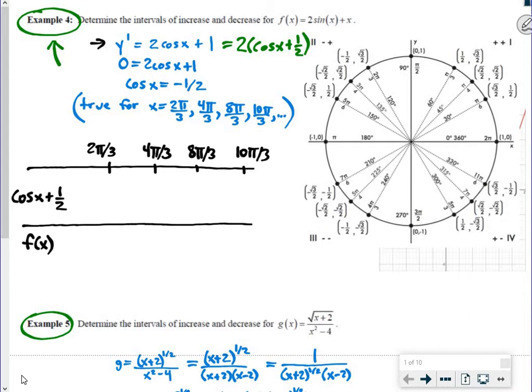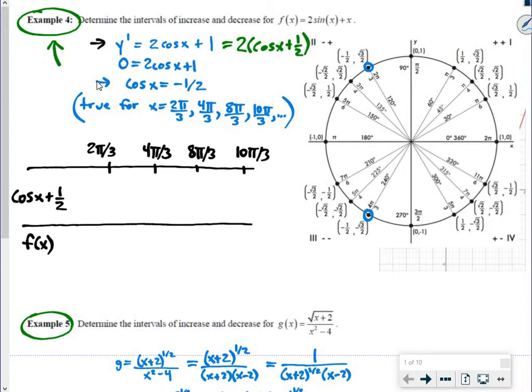So derivative is 2 cos x plus 1. We're interested in intervals of increase and decrease. So the boundaries will be when cos x is -1/2. Okay, so looking at our unit circle, that happens here and then there.